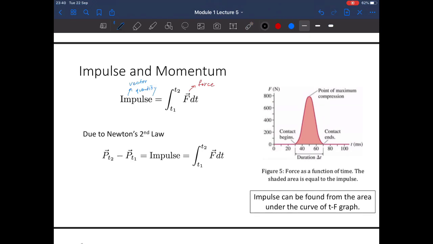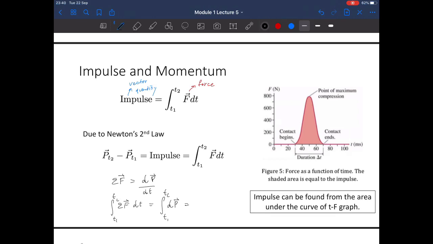And why is that? Newton's second law says that the total F must be equal to dp by dt, right? So if you change this into integral of sigma F dt, that would be integral of dp, which is just delta p basically, from t1 to t2.